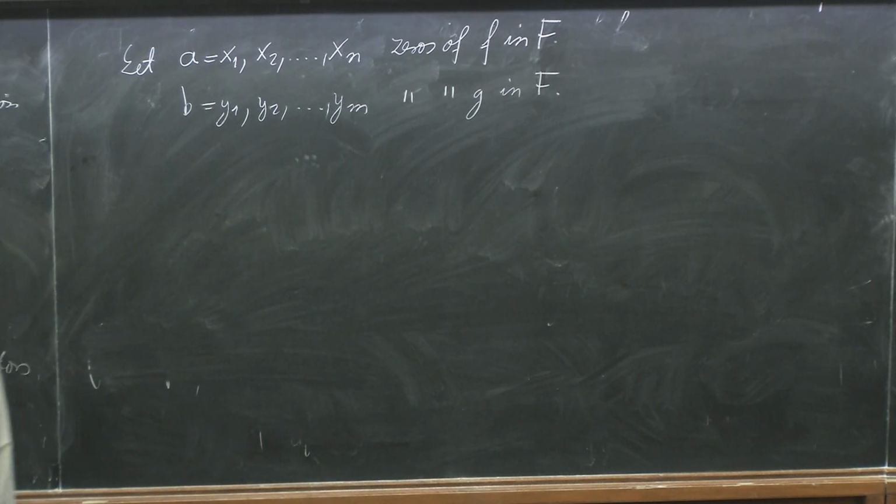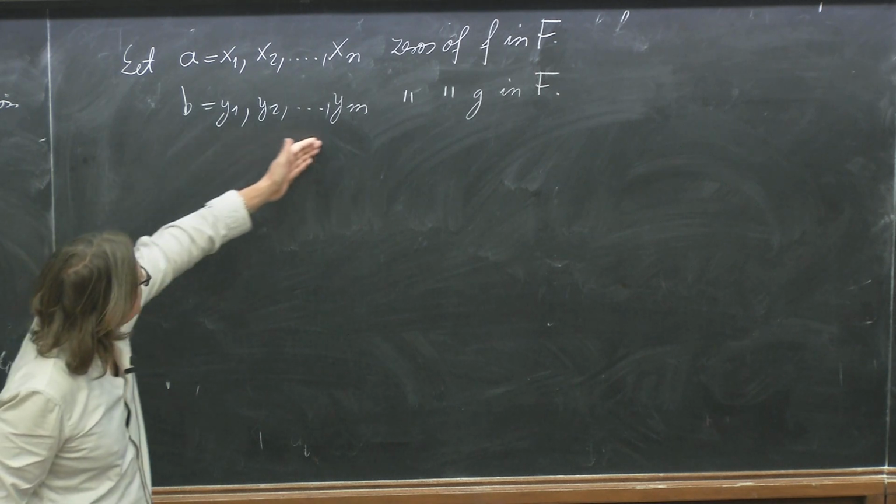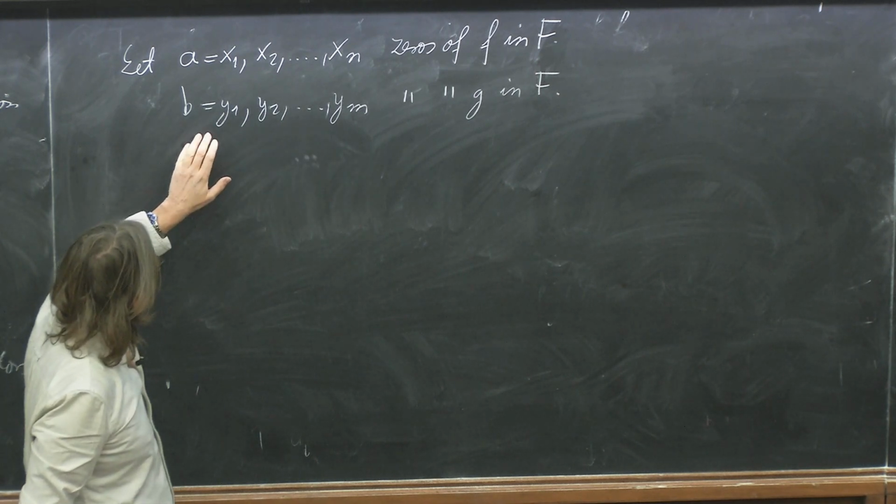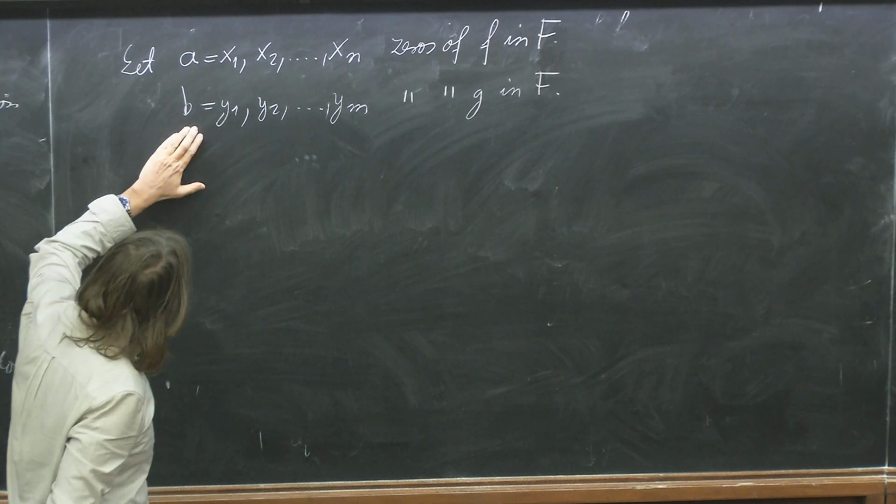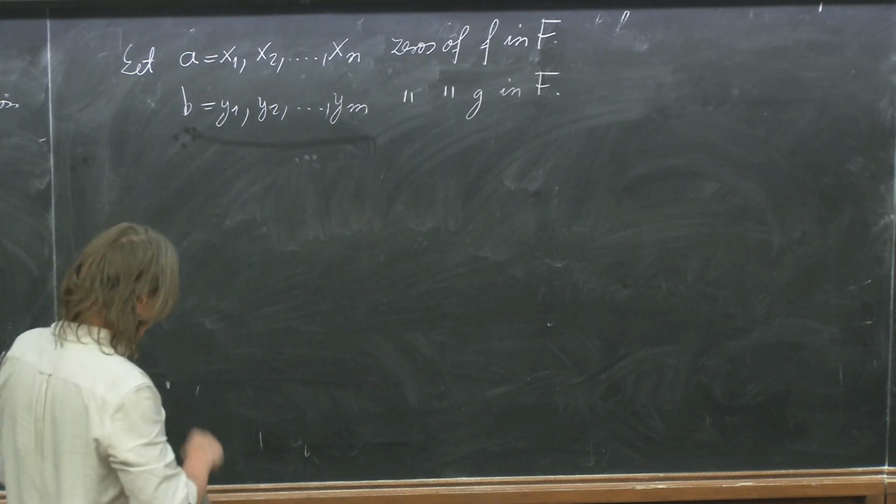And now we know that as we have a separable extension, g was irreducible. So we know that all of these are different. So b is, in particular, not equal to any of the others.